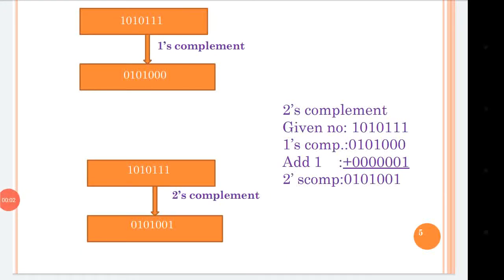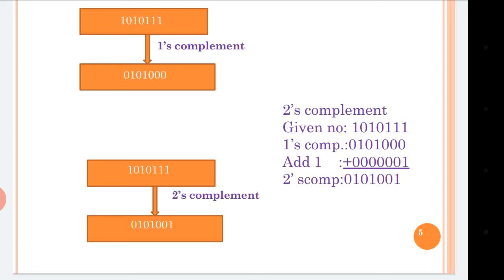If I have to find the one's complement of the given number, that is 1010111, then by inverting all the bits I will get its one's complement, that is 0101000. If I have to find the two's complement of a number, then I will first find the one's complement of the number and then add 1 to that.